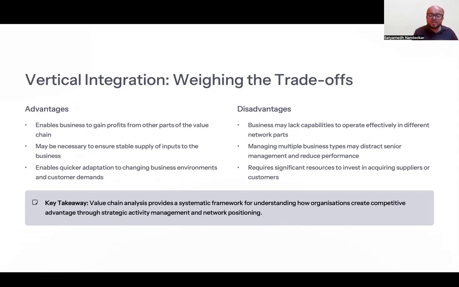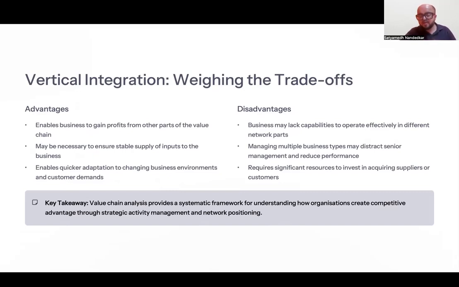And it enables quicker adaptation to changing business environments and customer demands. So it will help me to get closer to my customers. If I have done forward integration, I can understand what challenges they face at different nodes, and I can solve those challenges in a more efficient manner.